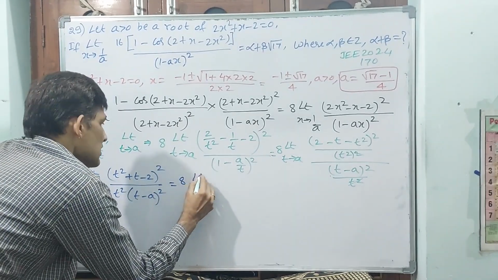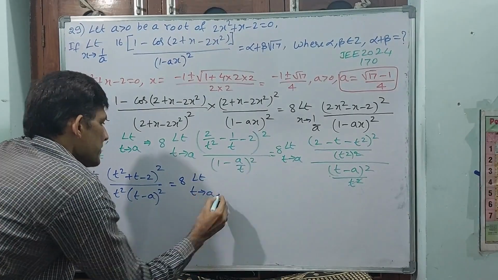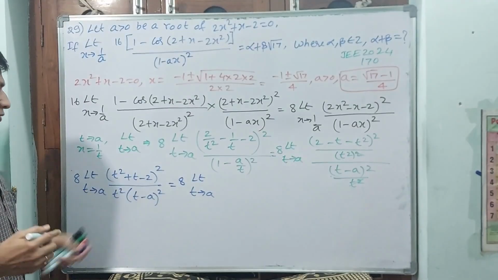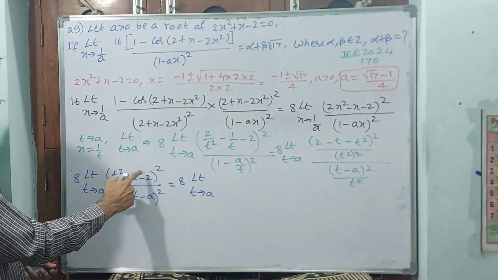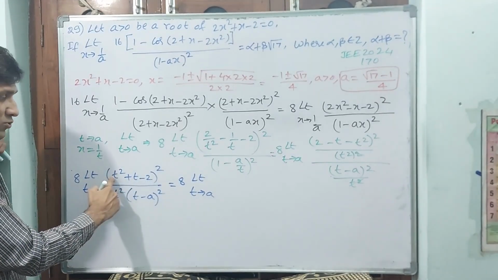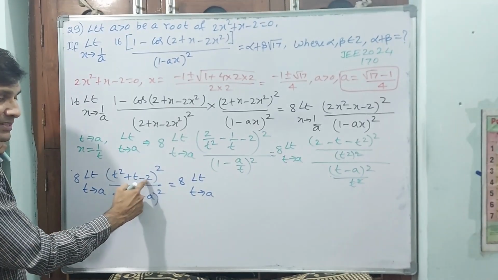8 times limit t tends to a. See, (a + b + c)² is a² + b² + c² plus 2ab plus 2bc plus 2ca, with the signs adjusted because minus is there.